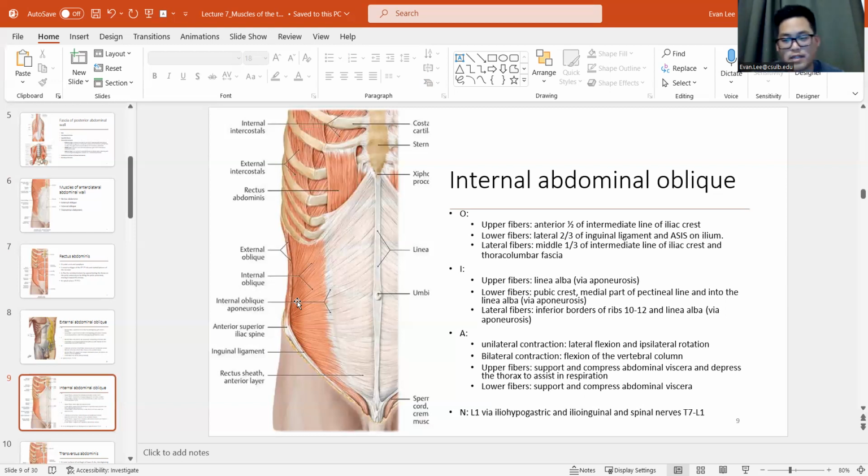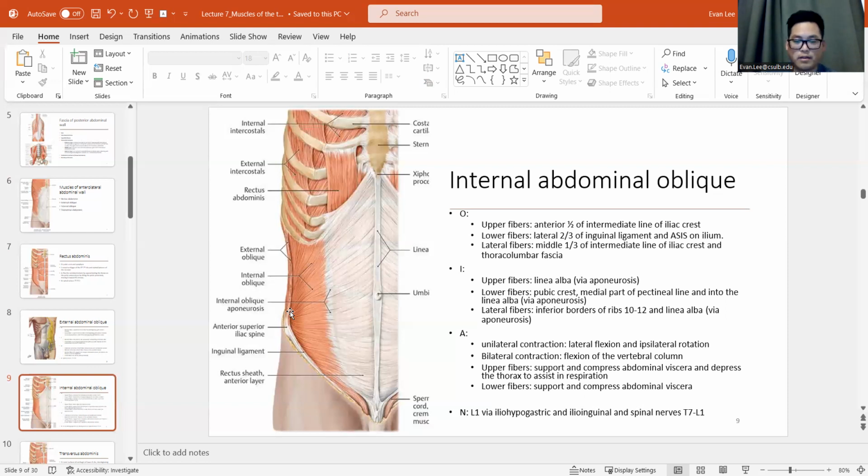It's going to be attached to quite a few things, but mostly the ilium: it'll be attached to the iliac crest, the anterior superior iliac spine, and then it will also be attached on the back along the lateral fibers at the thoracolumbar fascia. So with the thoracolumbar or thoracodorsal fascia, you'll have the internal obliques attached to the back of the abdomen over there.